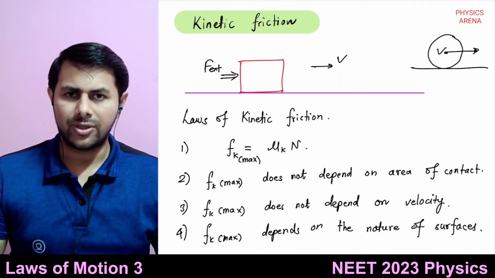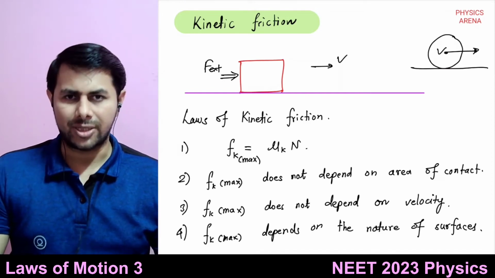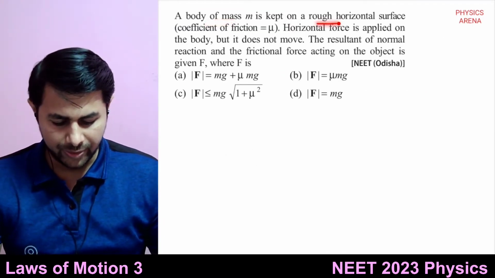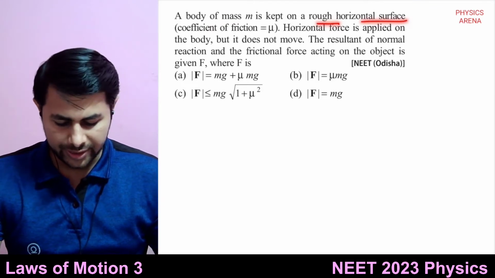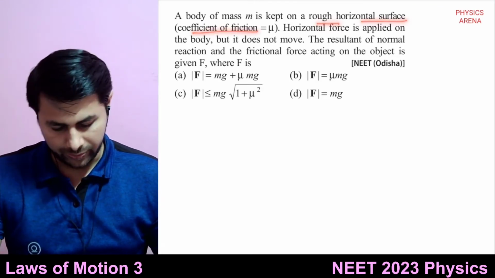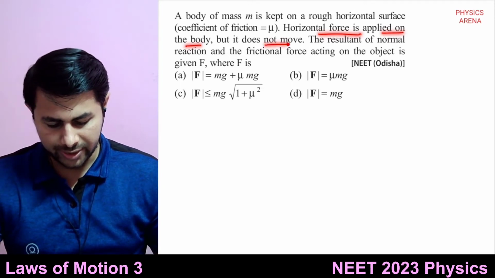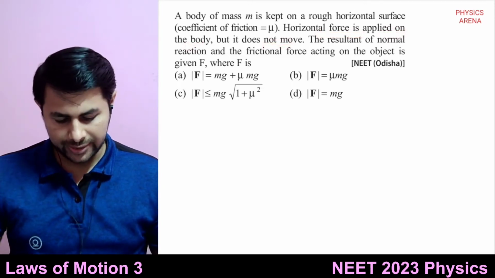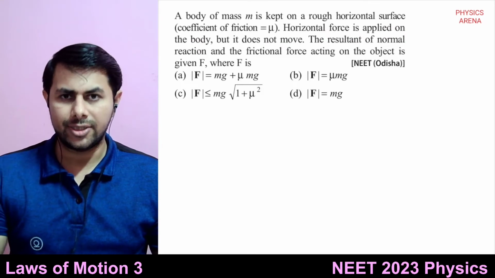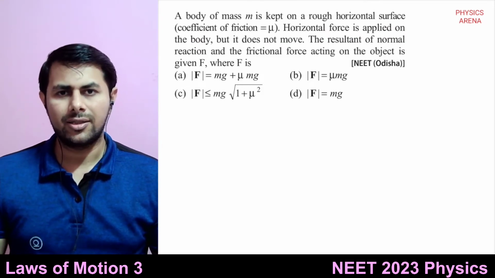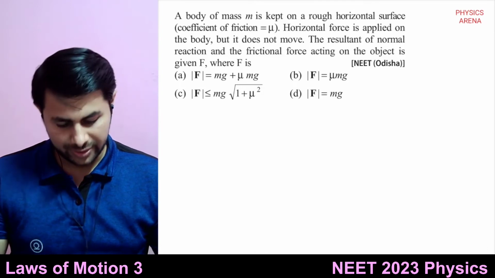Now we'll solve some problems based upon friction. A body of mass m is kept on a rough horizontal surface. Coefficient of friction is mu. A horizontal force is applied on the body, but it does not move. So you are exerting some horizontal force, but it doesn't move. That means the horizontal force applied is less than the limiting value of friction.